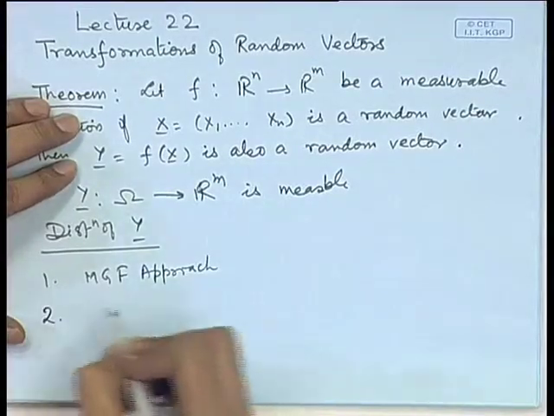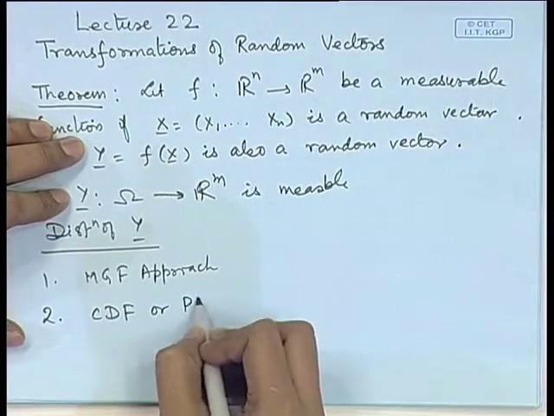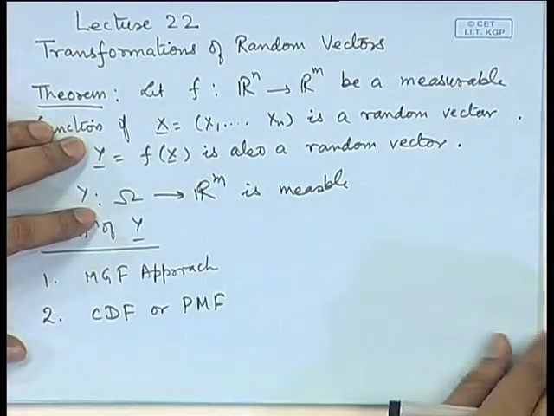In the case of discrete distributions, or in certain other cases where the CDF can be directly used, we can use directly the CDF or the probability mass function. Let me give an example of this.